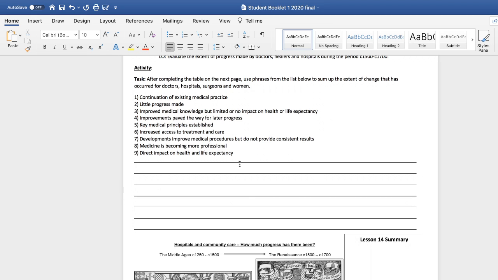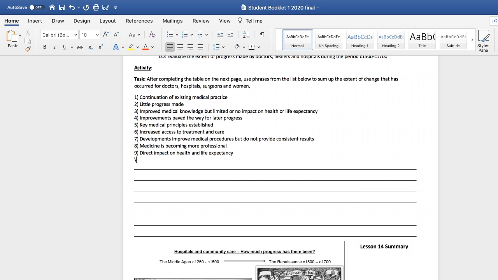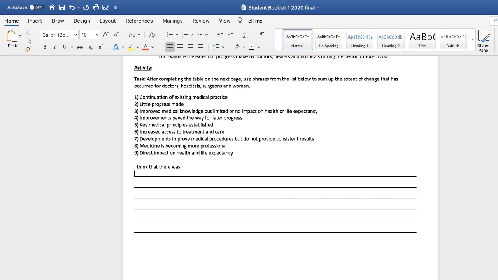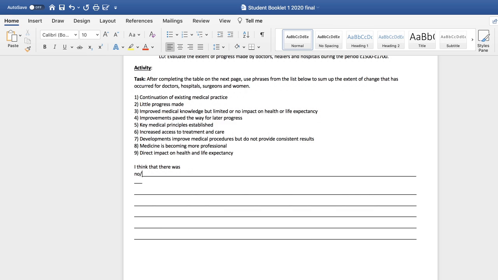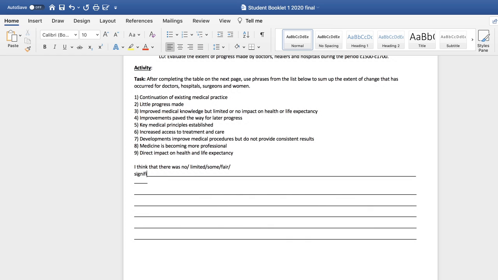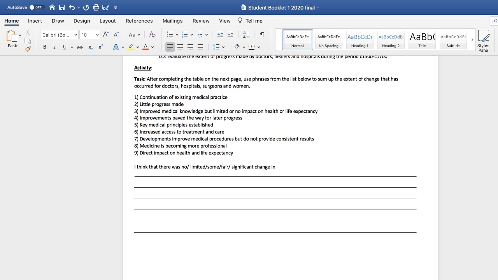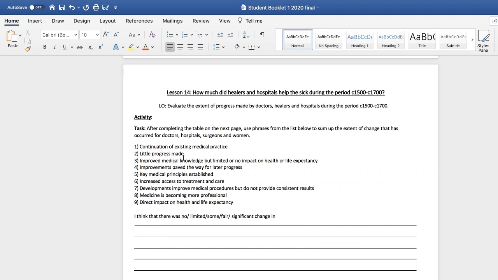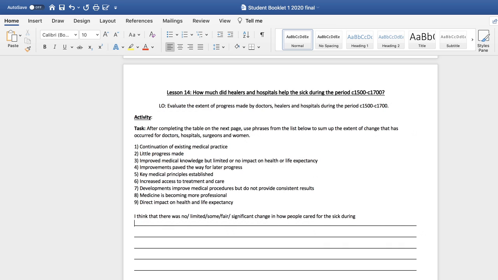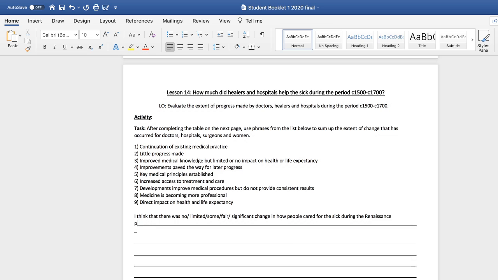So you would write down here your genuine perception on whether you think things have changed. So to give you a sentence starter, you might write something like, I think that there was, and then you might say no, limited, some, fair, significant change in how people cared for the sick during a certain period.